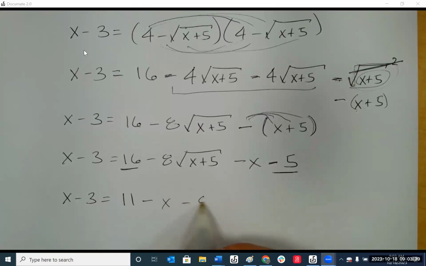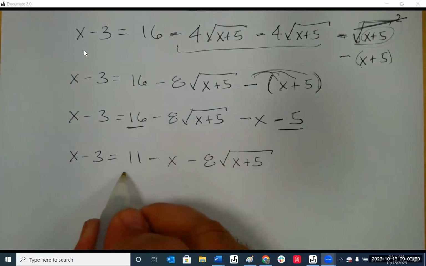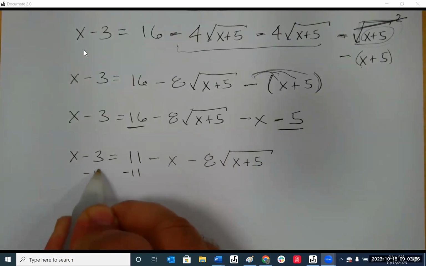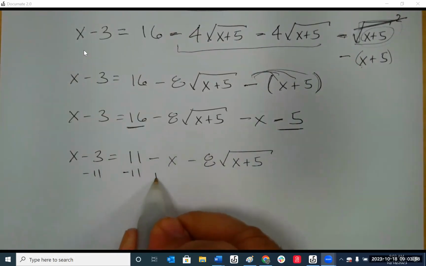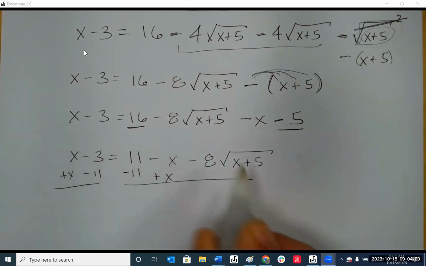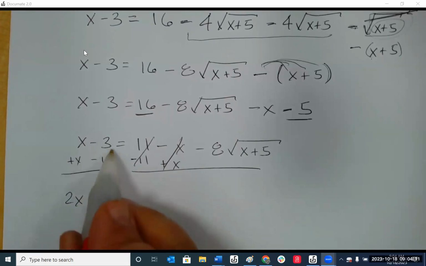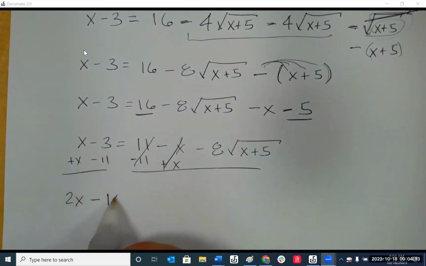Minus x minus 8 radical x plus 5. So now we have to isolate that second radical. Subtract 11 from both sides. Add an x to both sides. Two x, they're both negative, minus 3 plus 11 is 14.